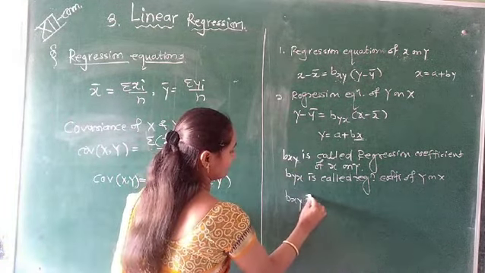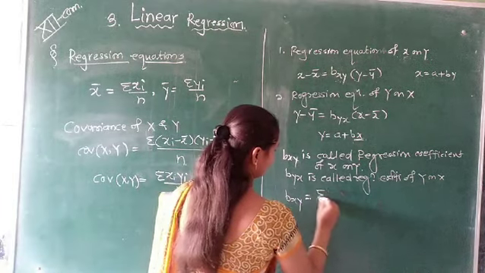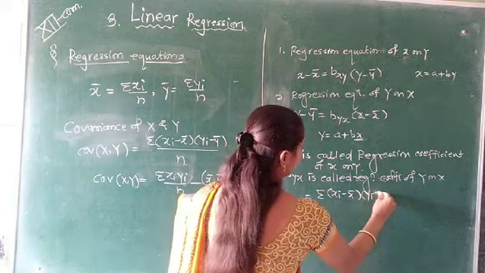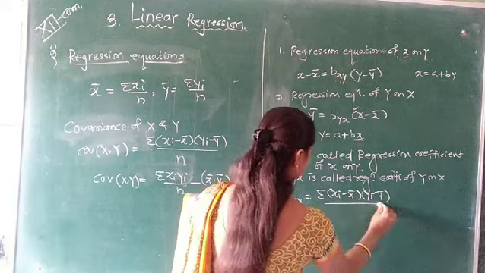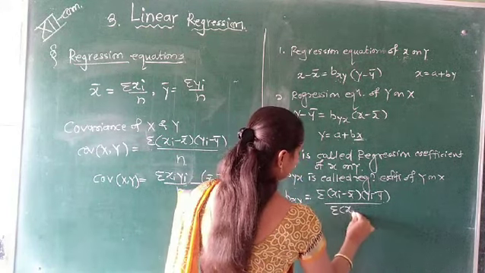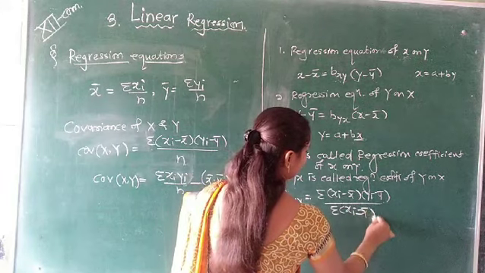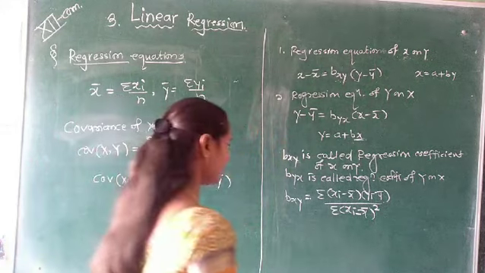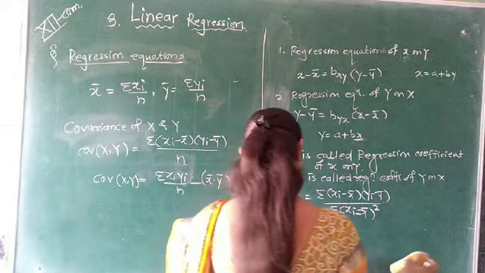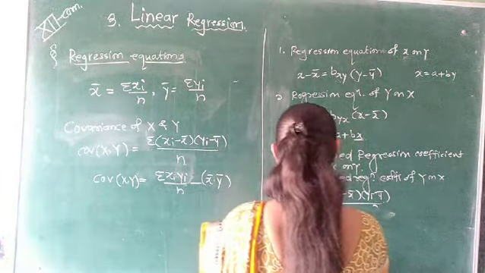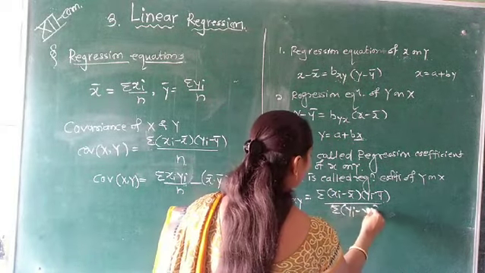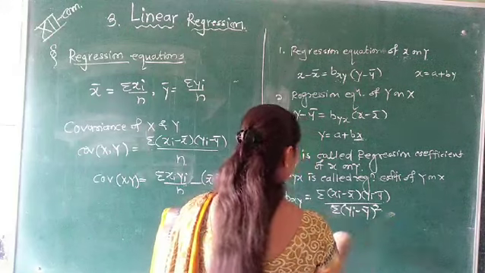See the formula. bxy is summation xi minus x bar into yi minus y bar divided by summation of yi minus y bar square.